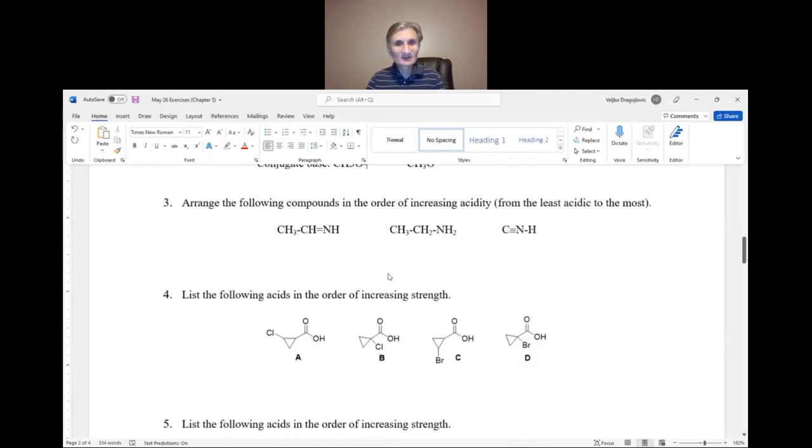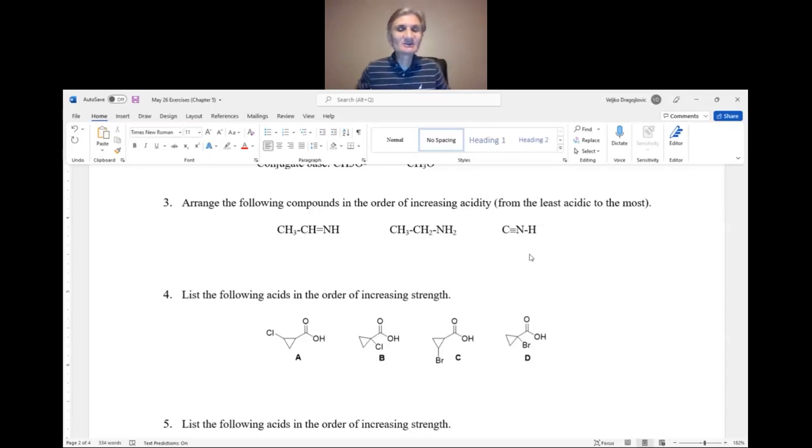What we have in this case are various nitrogen compounds, where nitrogen bonded to hydrogen is in different states of hybridization. Here it's sp2, sp3, and sp. You may recall that hybridization is related to electronegativity.